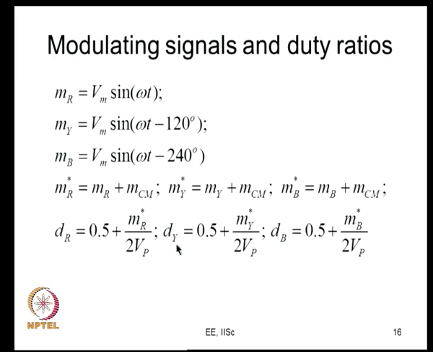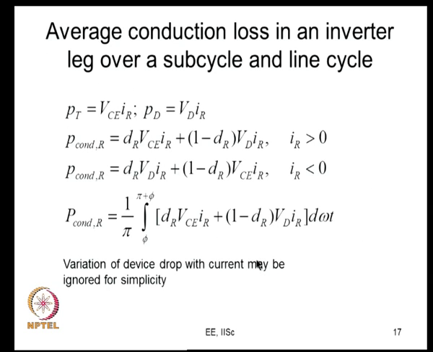Similarly, in Y phase you will have the top device on for some duration and the bottom device on for the remaining duration. This is the duration for which the top device is on divided by the subcycle duration, and that has to be between 0 and 1. So, you can see that it is 0.5 plus MY star by 2 Vp, and similarly the duty ratio here is 0.5 plus MB star by 2 Vp. So, these are the modulating signals and duty ratios, and you need these duty ratios for calculating the conduction losses you are just going to see now.